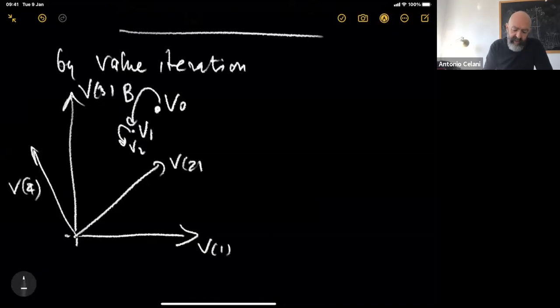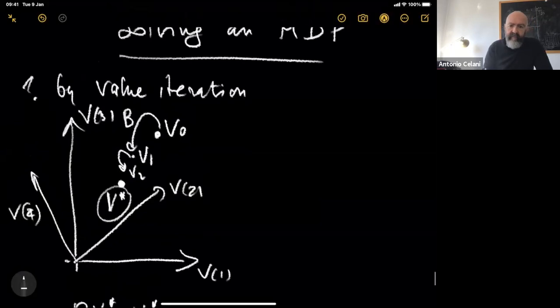And all this process eventually converges to V star, which is the solution of the Bellman equation, B V star equals V star. Tomorrow, we will see examples of this procedure of dynamic programming.